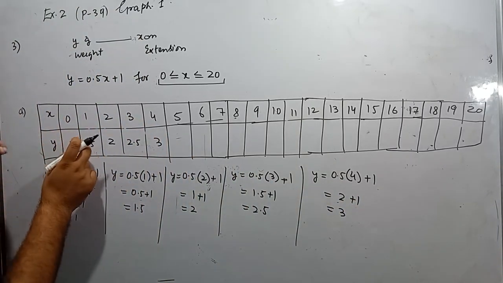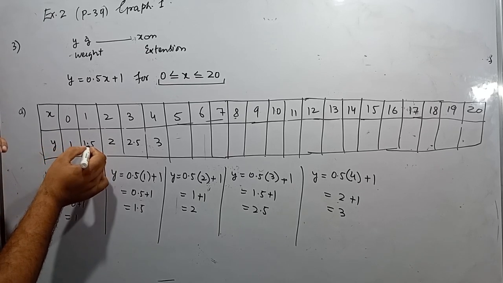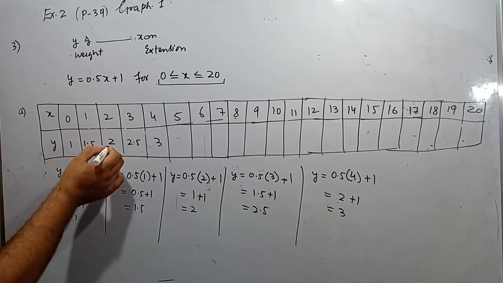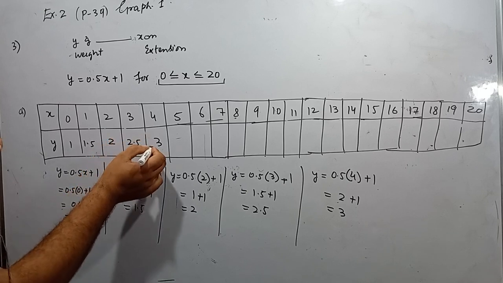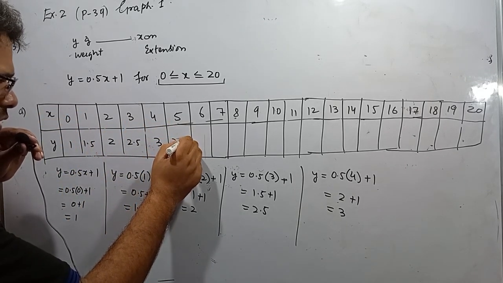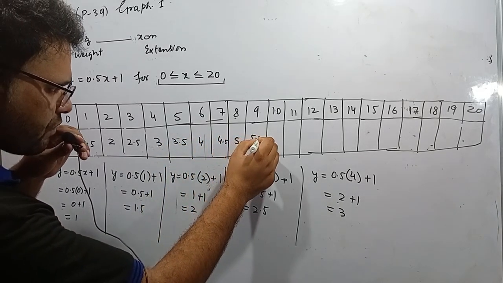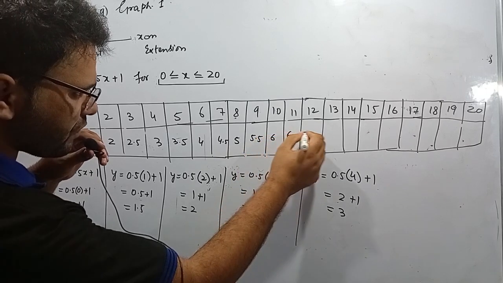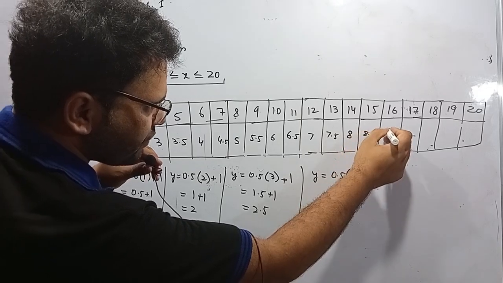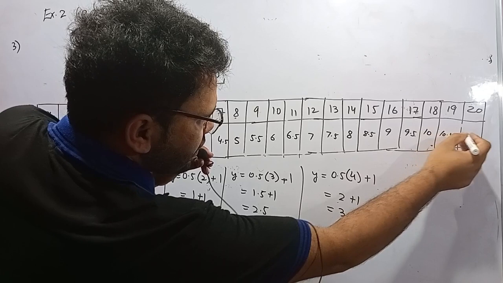Now from the values you can see, for every corresponding value it is increasing by 0.5. Here 0.5 is increased, here 0.5 is increased, here 0.5 is increased. So I can write directly it increases: 3.5, 4, 4.5, 5, 5.5, 6, 6.5, 7, 7.5, 8, 8.5, 9, 9.5, 10, 10.5, and 11.